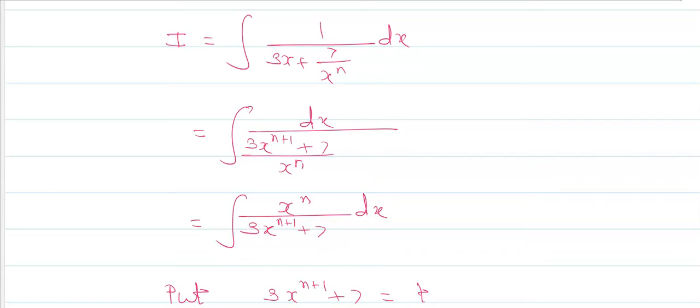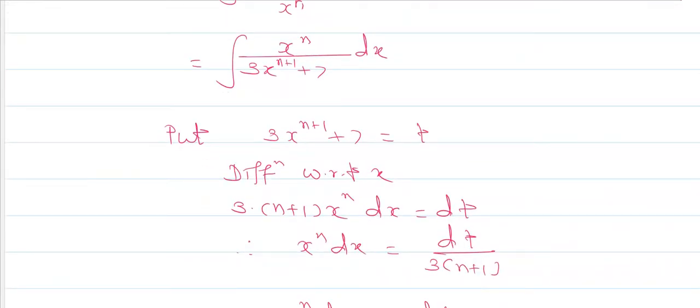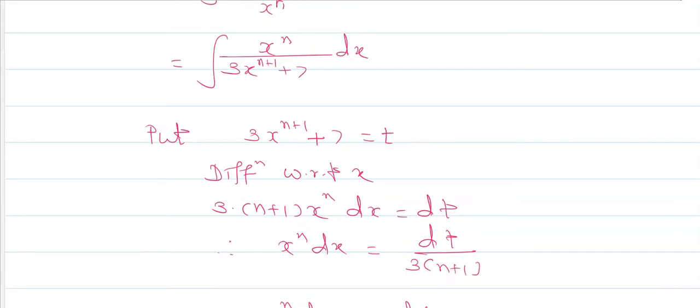Now after simplification it is the integral of x raised to n upon 3x raised to n plus 1 plus 7 into dx. And therefore what is our substitution? This is our function and its derivative is also there. Let 3 into x raised to n plus 1 plus 7 be equal to t. Then what is its derivative?